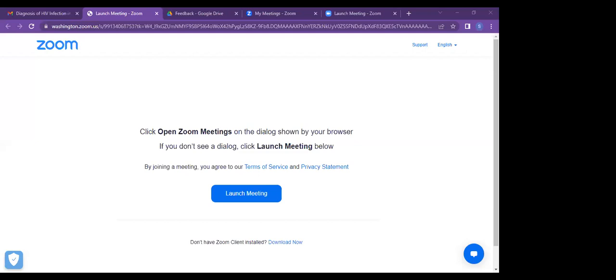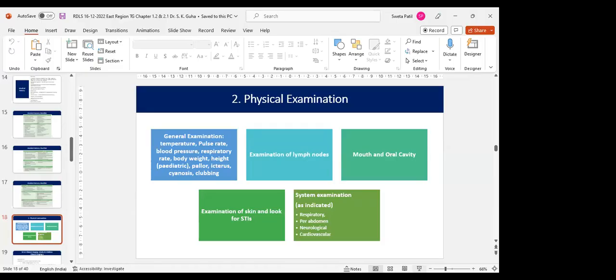But I have lost my screen. Praveen, are you going to do that for me now? Please give me two minutes. Yes, is the screen visible?